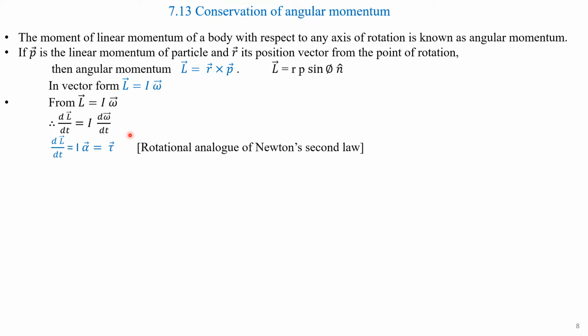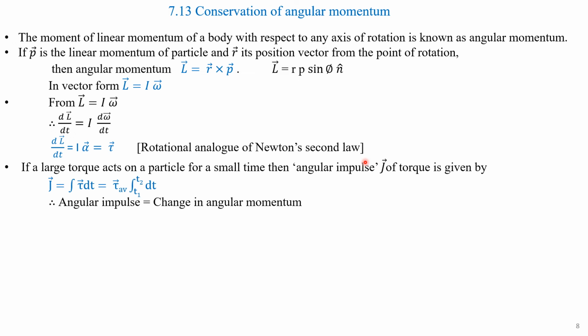We can also write d omega by dt as alpha, the angular acceleration. Therefore, dL by dt is equal to I alpha. That is nothing but the torque, tau. So this is the rotational analog of Newton's second law of motion.